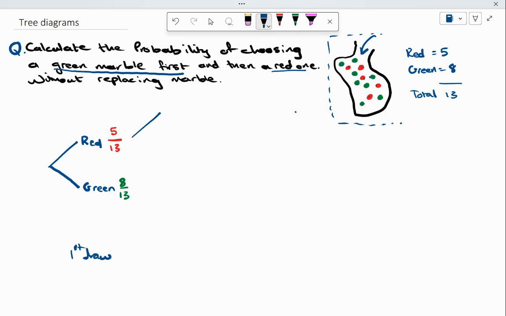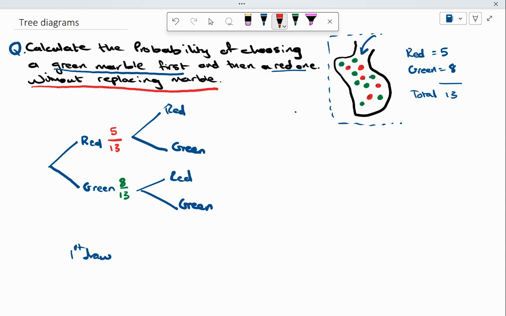After I've chosen a red marble, I can then choose again a red or a green. And if I've chosen a green marble, I can choose a red or a green. So I have two options again, but we must be careful. Because it says without replacing the marble, it means that once we've removed one of the marbles, the total will reduce by one.